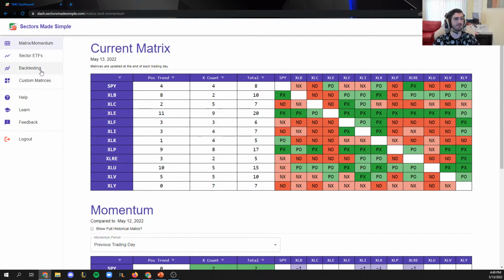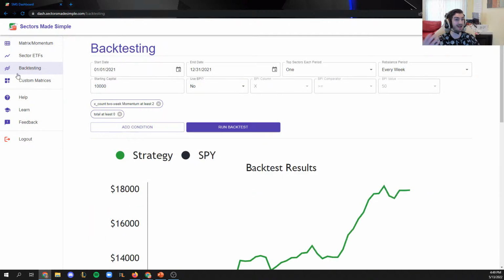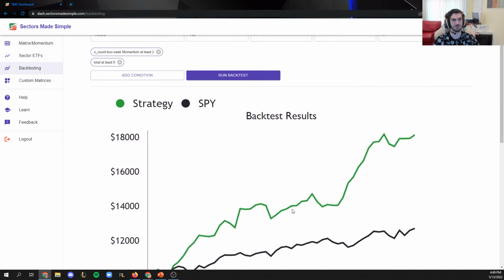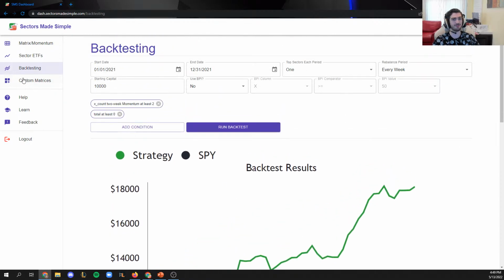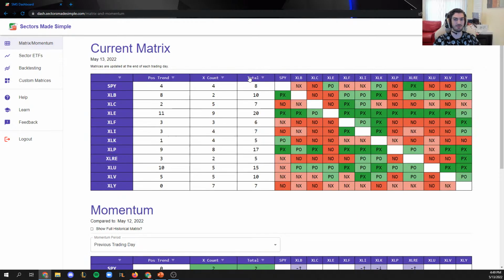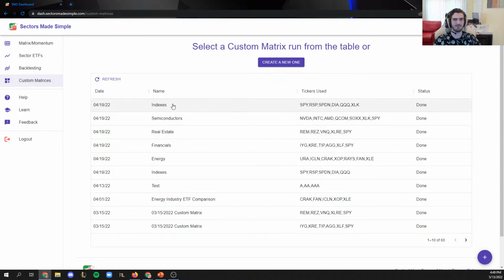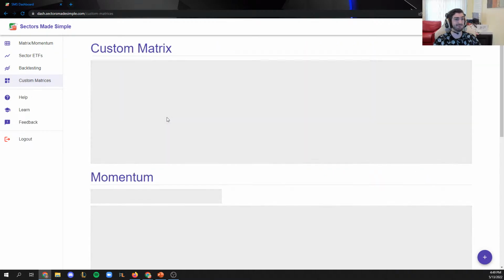There are other things that we offer, like the back testing that I showed to demonstrate this strategy, and custom matrices, which takes exactly what we've seen with the matrix, but lets us create custom matrices to see all of that data. So I can give it my own list of tickers.